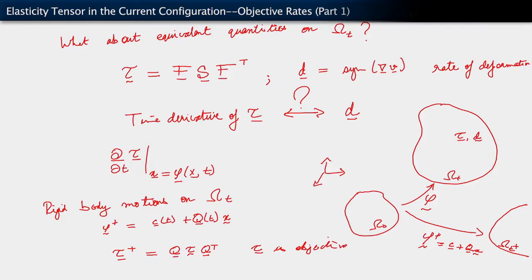And the reason this follows is because you recall we showed this result for the Cauchy stress: sigma plus equals Q sigma Q transpose.